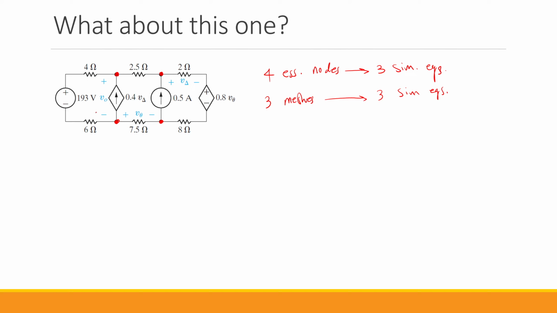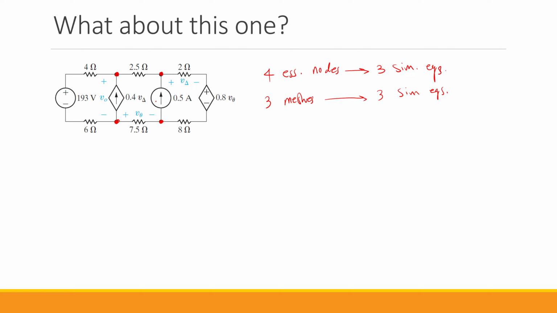So let's just take a look at these current sources. We have this current source that is common between the first mesh and the second mesh. We have this other current source that is common between the second mesh and the third mesh.